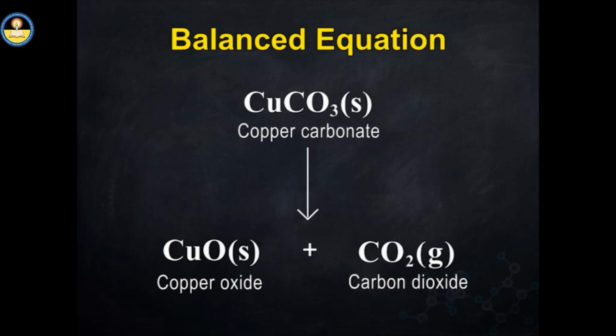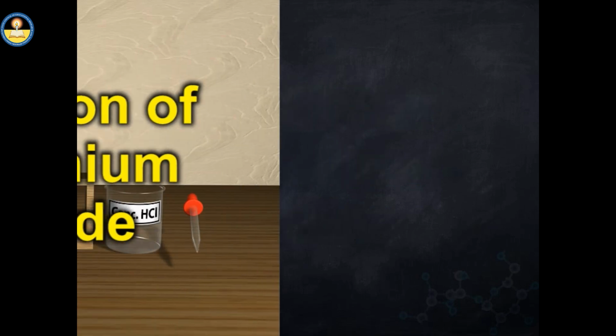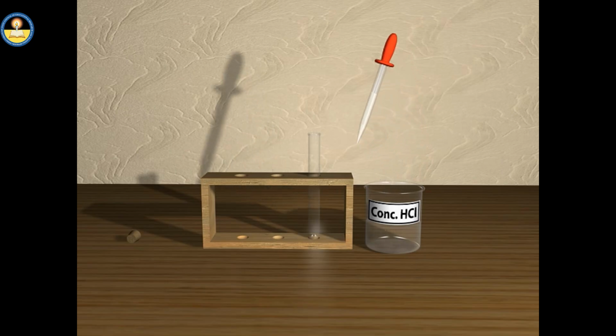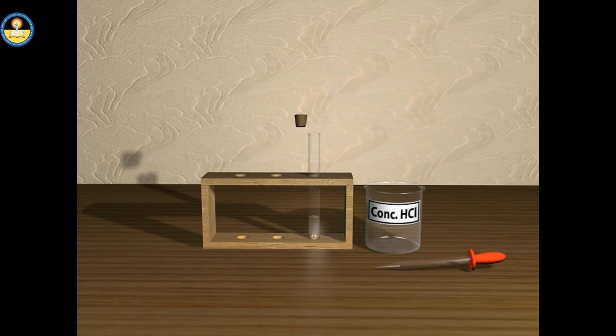Let us now have a look at the formation of ammonium chloride. Using a glass tube, 3 or 4 drops of concentrated hydrochloric acid are added in a test tube. The test tube is stoppered and left aside for a few minutes.